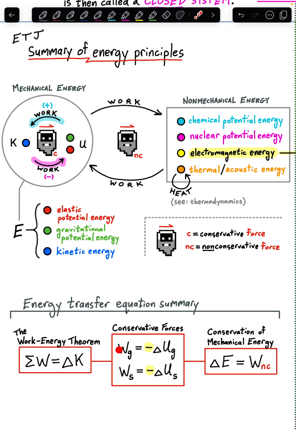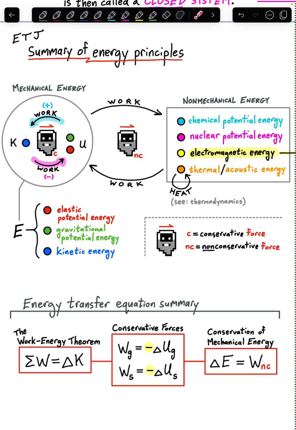And our two conservative forces, gravity and elastic or spring, when they do negative work, they transform kinetic energy into stored potential energy. So when potential energy increases, that's because a conservative force is doing negative work, turning kinetic into potential. That minus sign is there to remind us of the direction of that transfer.